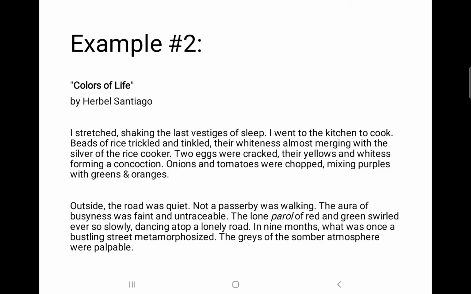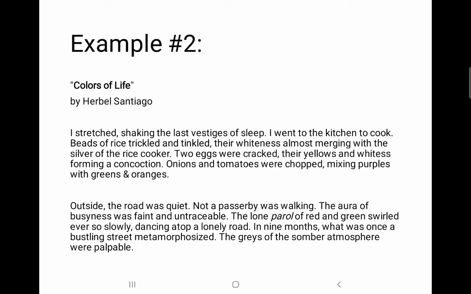This one is something that I've written. Colors of Life. I stretched, shaking the last vestiges of sleep. I went to the kitchen to cook. Beads of rice trickled and tinkled, their whiteness almost merging with the silver of the rice cooker. Two eggs were cracked, their yellows and whites forming a concoction. Onions and tomatoes were chopped, mixing purples with greens and oranges. Outside, the road was quiet. Not a passerby was walking.